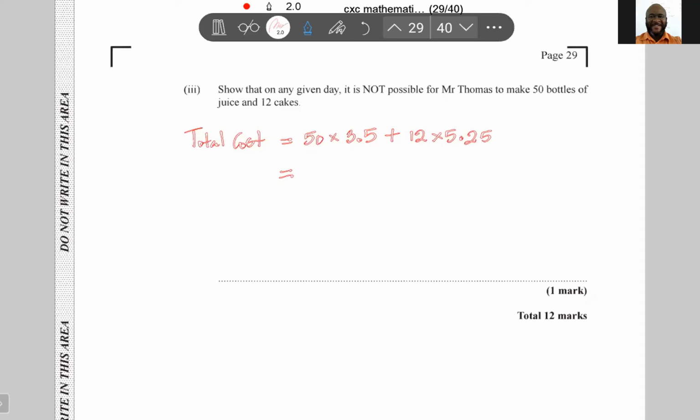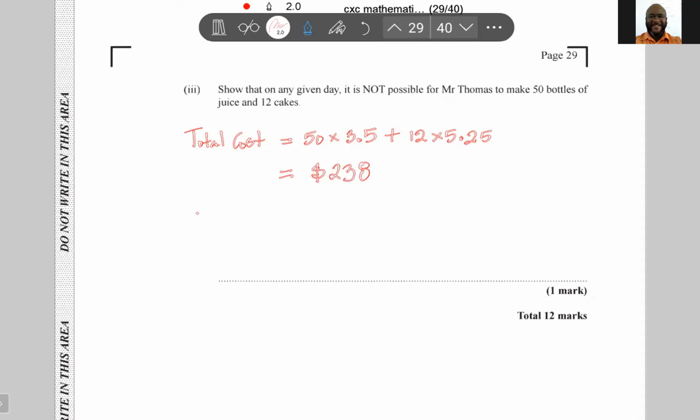To make this, he would need $238. All right, now this is not possible because he only has $163 to spend. So on every given day, it is not possible.